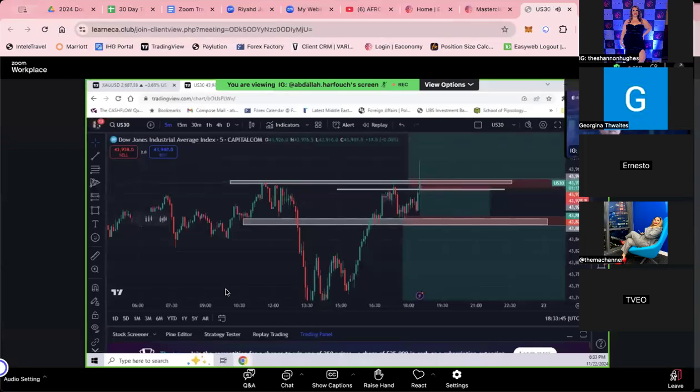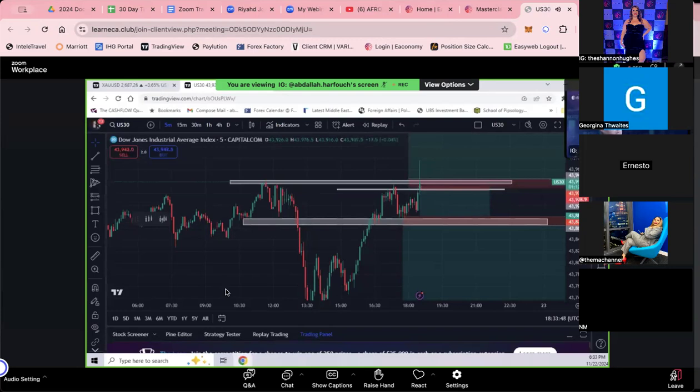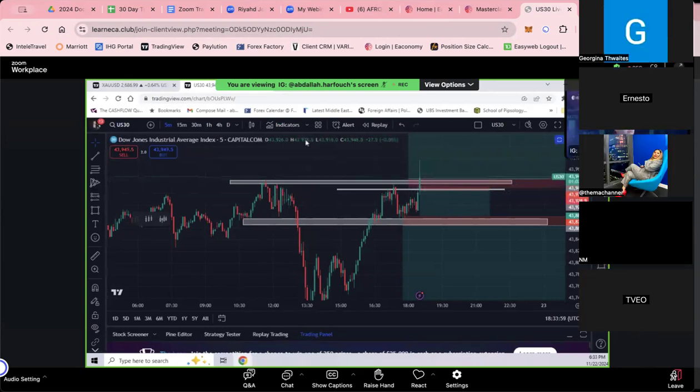One minute 16 seconds for the close of this candle. Is it going to resume up or will it be like this? Let's see. 40 seconds.